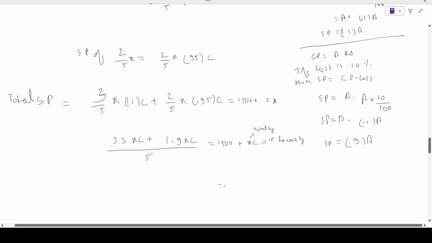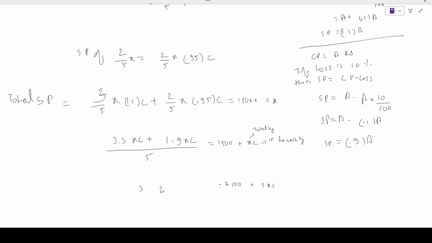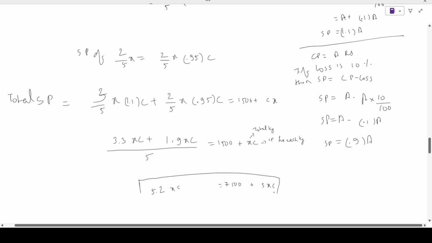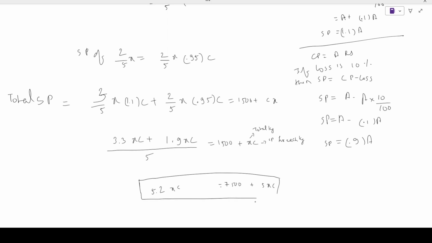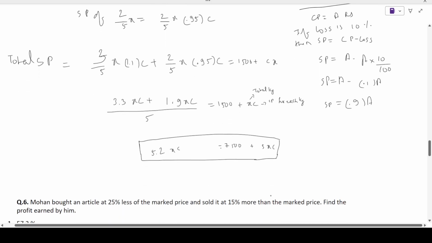So 1500 into 5 we have 7500 plus 5 times of xC. xC is the total cost price for x kg of sweets. 3.3 plus 1.9 we have 9, 3, 12, carry 1, that is 5.2 xC is equal to 7500 plus 5 xC. Solving this further, just a second.